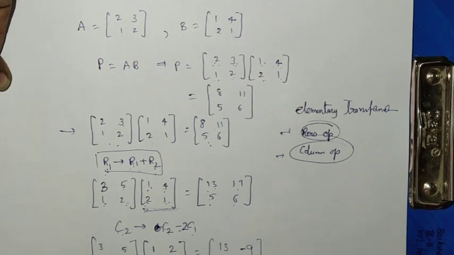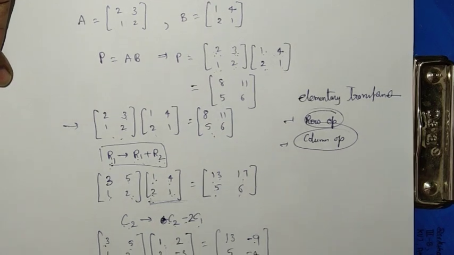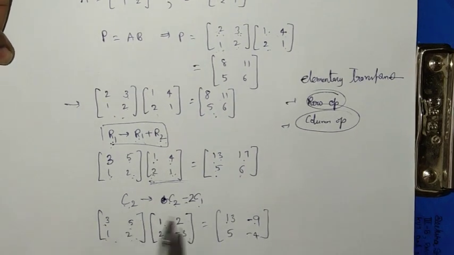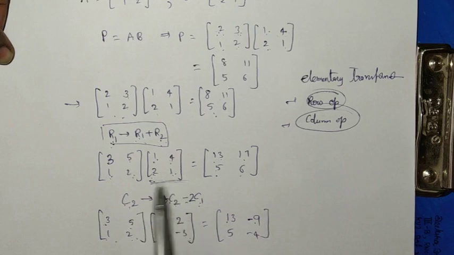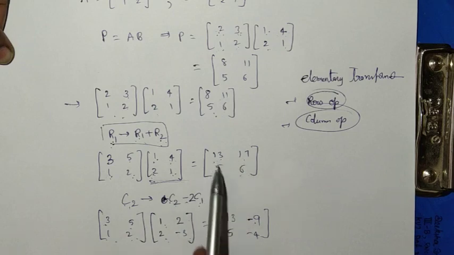Now let us verify these two. 3 ones are 3 plus 10, 13. 6 minus 15 is minus 9. 1 plus 4 is 5. 2 minus 6 is minus 4. Yes, we got it. Once again, C2 equals C2 minus 2C1 was applied, so this will be affected as 4 minus 2 is 2, 1 minus 4 is minus 3, and in the product 17 minus 26 is minus 9, 6 minus 10 is minus 4.